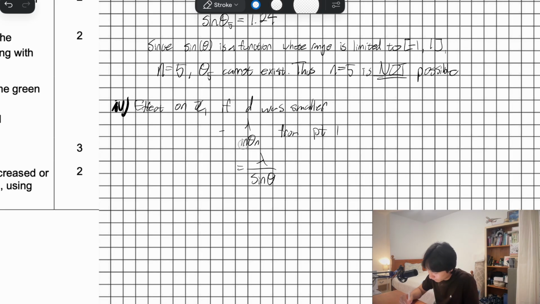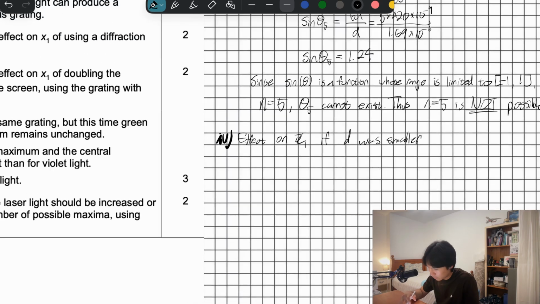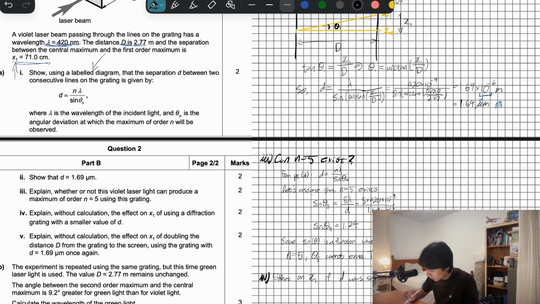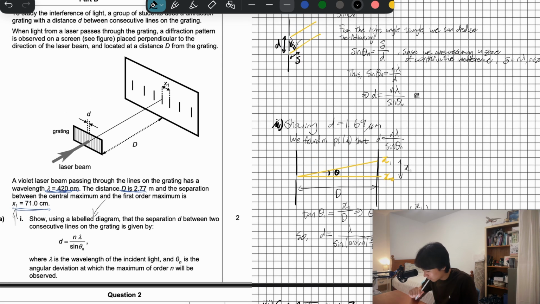We can just say, using a diffraction grating with smaller d. There are multiple ways of going about this, to be honest, but let's go with a more rigorous way.